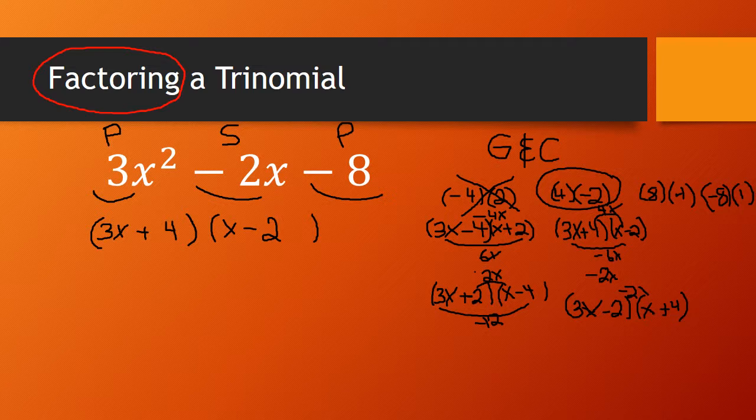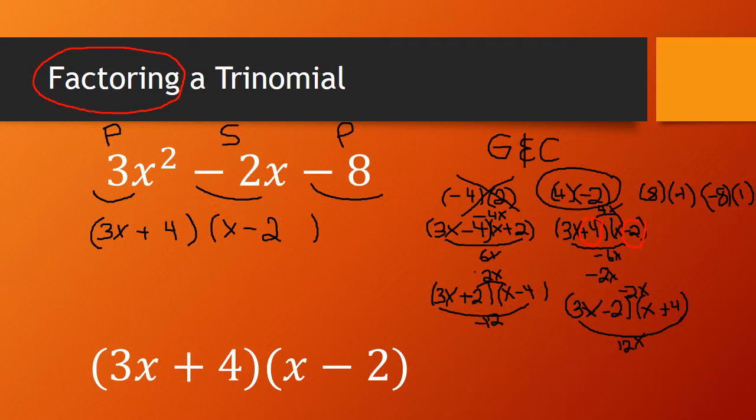The outer product is 3x times 4, which is 12x. Negative 2x plus 12x is 10x, which is not negative 2x. So to be able to factor this trinomial correctly, we have to keep the factors in the right binomial. That means that the factored form for this trinomial is 3x plus 4 times x minus 2.